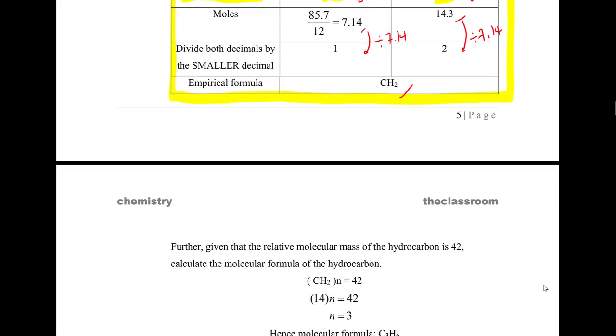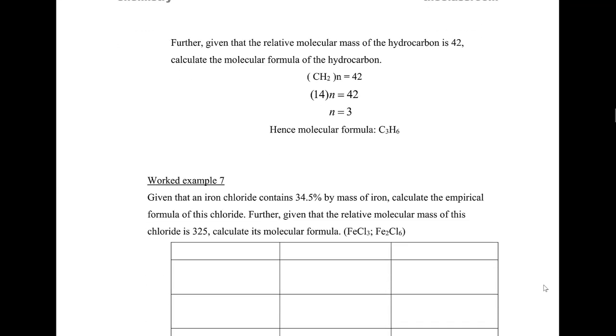Now if you are given extra information, in this case the molecular mass is 42, you can then calculate the actual molecular formula. We do this in 3 steps. We know it's CH2, but we don't know what the base is. We know it's 1 carbon to 2 hydrogen, but we don't know if the actual formula is 3:6, 4:8, 10:20.